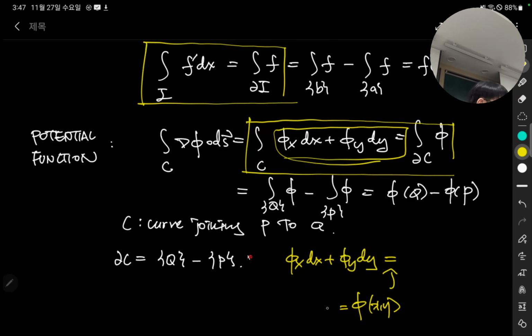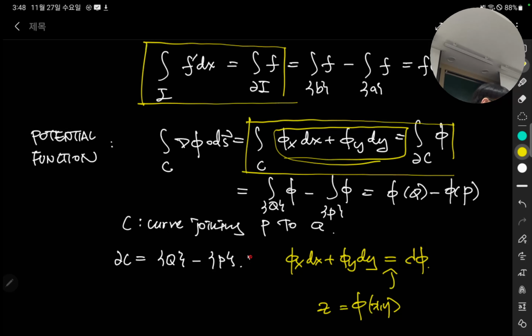So if I take this as a real valued function, what I'm doing here by phi x dx plus phi y dy is measuring how much the value of function phi has changed by the change of x and y coordinates. So if x and y coordinates change by delta x, delta y respectively, then the value of phi changes this much. So this is exactly d phi.